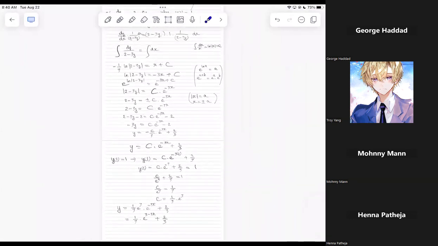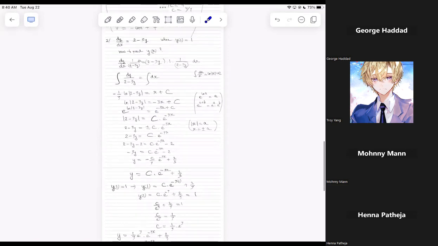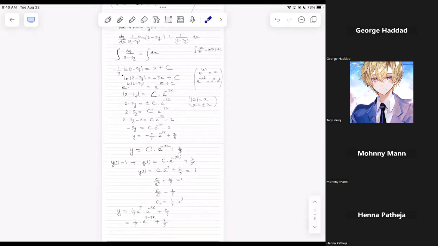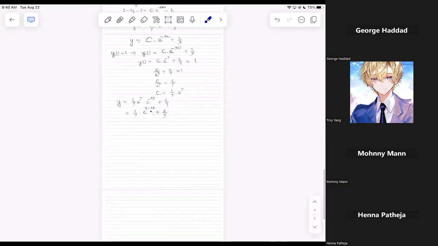So you see, the important thing is you can replace the constant by a new constant to make the problem easier. If you just keep, for example right here, -3c and e to the -3c, and you write the constant with a complicated term, then when you try to find the value of c, it's too complicated.